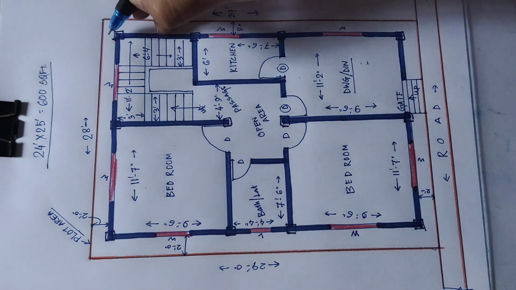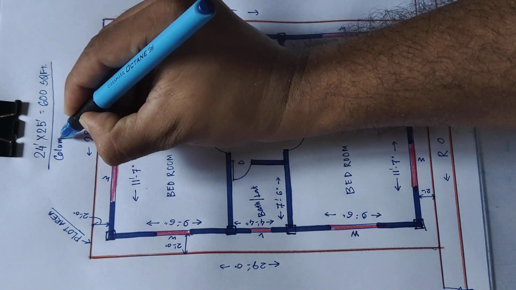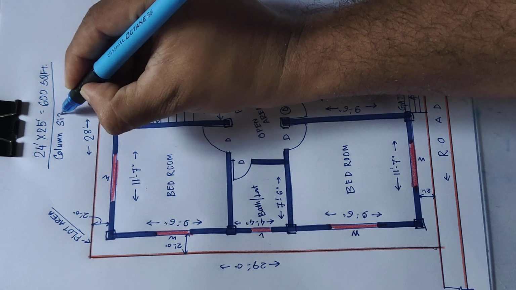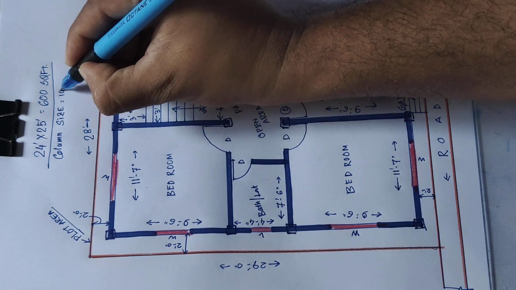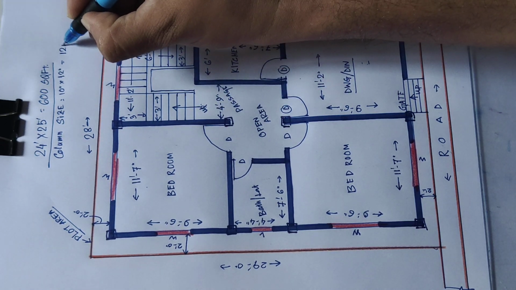12 numbers column, column size 10 inch into 12 inch, 12 numbers.